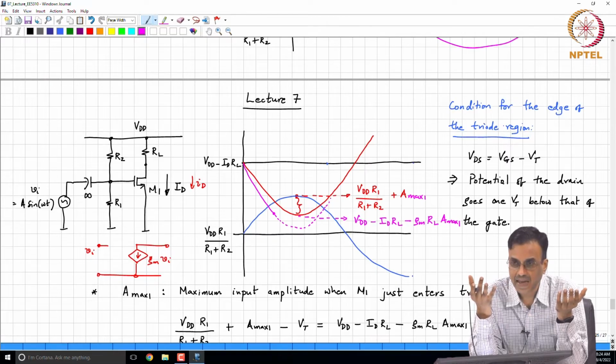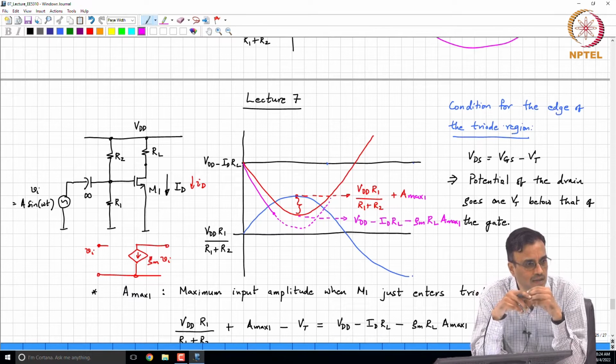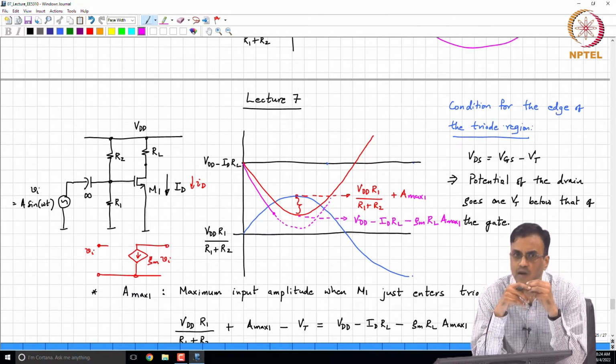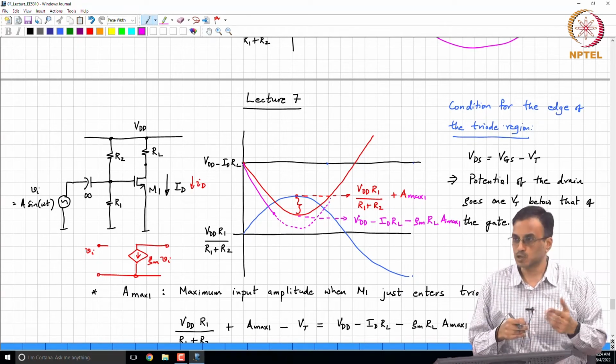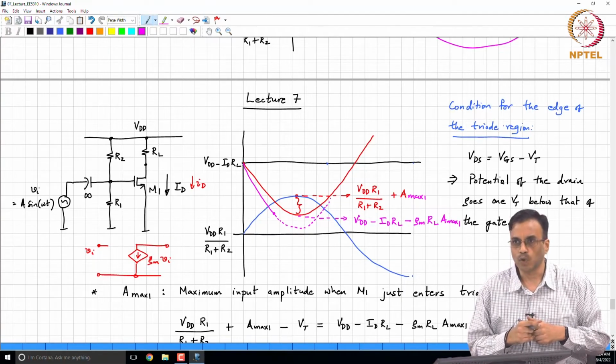So, basically the effective incremental gain, which is Gm times the effective load resistance, is now substantially smaller than when the transistor was in saturation.